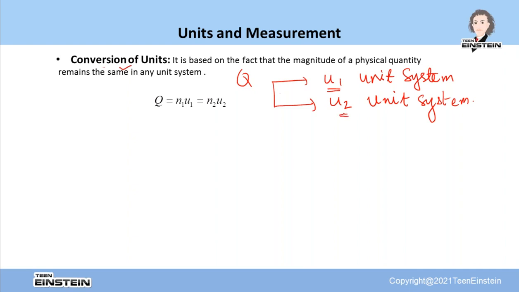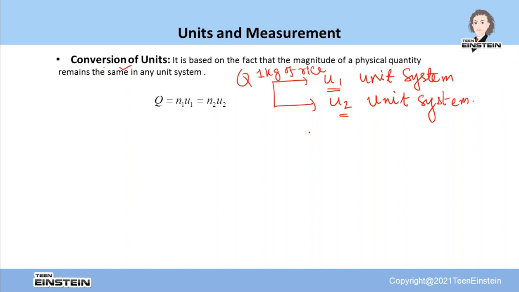See, whatever may be the unit system, suppose this is 1 kg of rice. Does the quantity change if I measure that in CGS or SI? It doesn't matter. It is always 1 kg of rice. But in case of CGS, we say 1000 gram, and in case of SI, we say 1 kg.